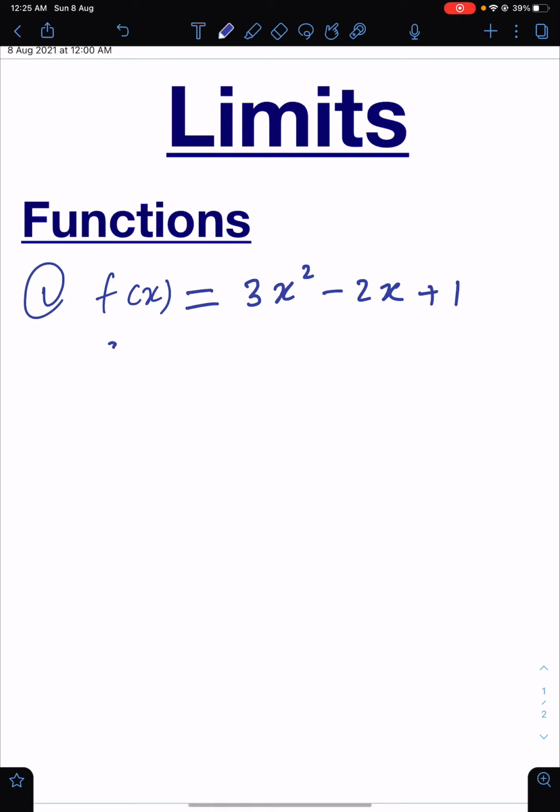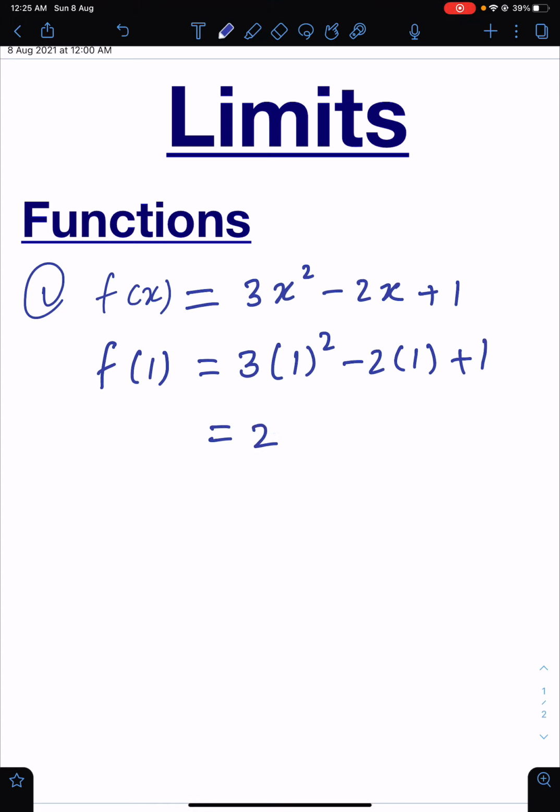Now let's say we have f of 1. We're going to get 3 times 1 squared minus 2 times 1 plus 1. And in this case, we're going to get the value 2, where 2 is defined.